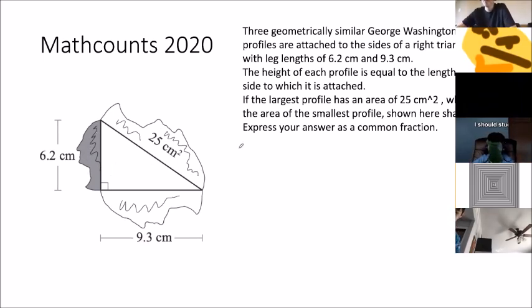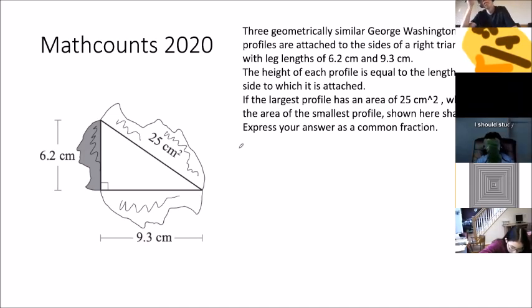So I'll give you a minute as well for this. Oh, and by the way, I know it's a target round, so usually you would be allowed to use calculators, but I want you to solve this problem without using calculators. That's my challenge.